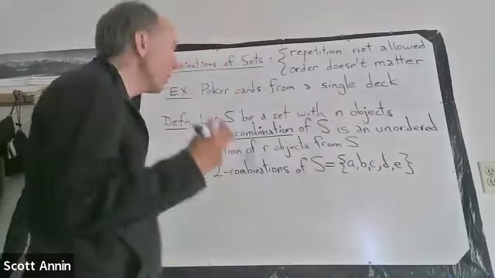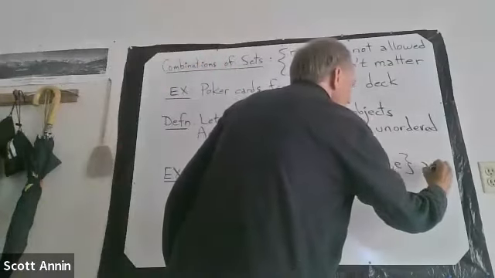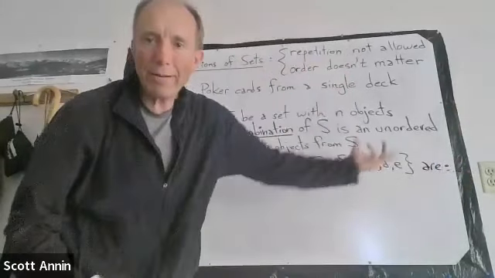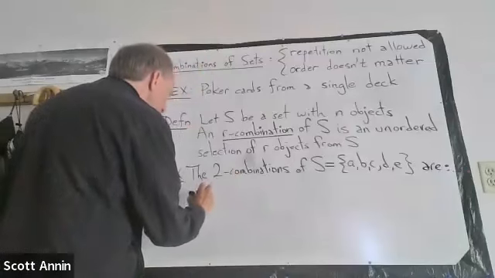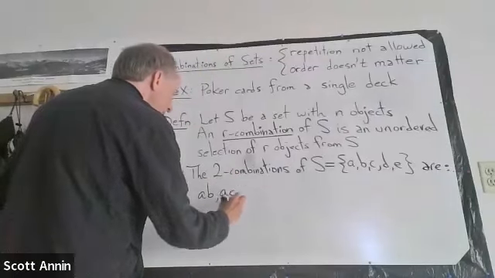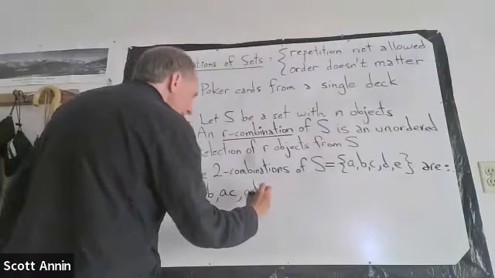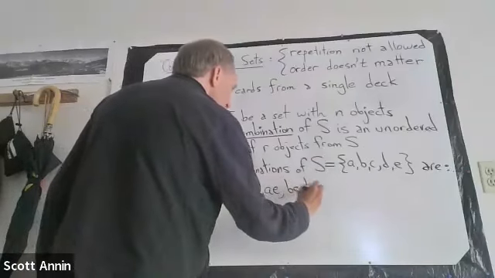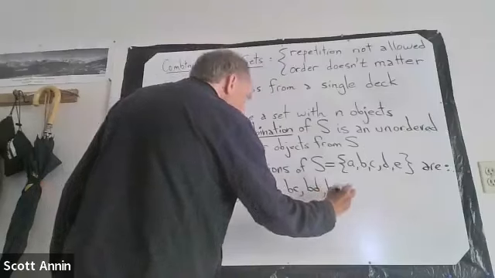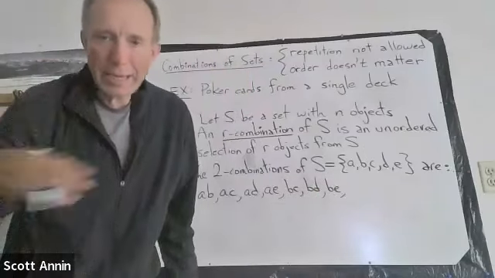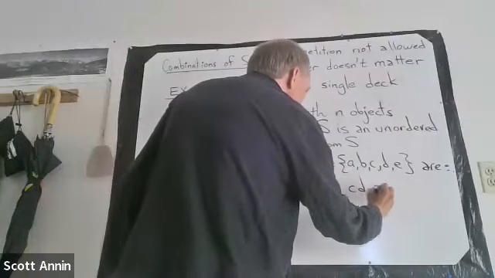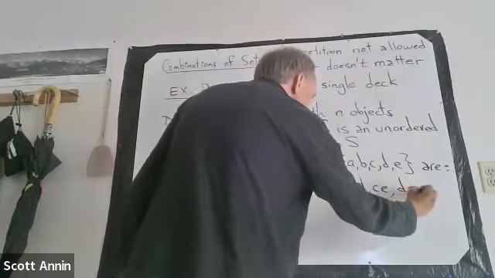What are they? We're going to list them here. We're basically going to grab 2 out of those 5 things. So we could grab A and B, A and C, A and D, A and E, B and C, B and D, B and E, and so on. You can write these all down. C and D, C and E, and D and E.